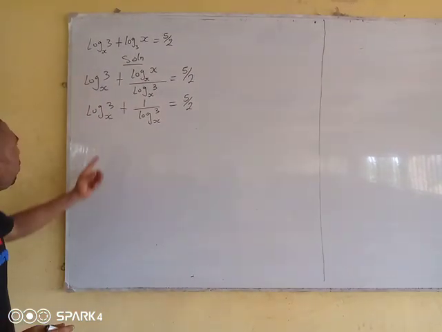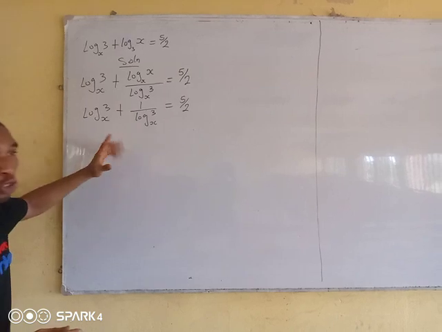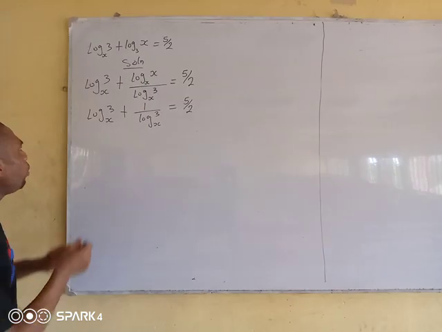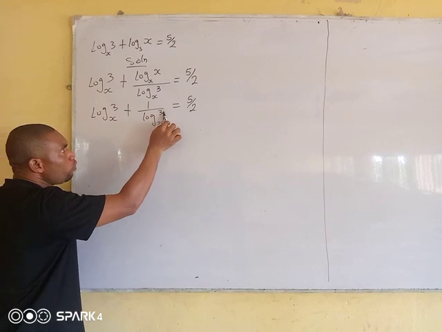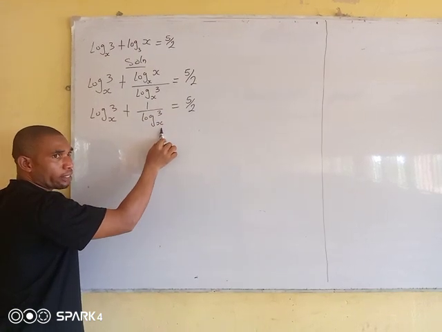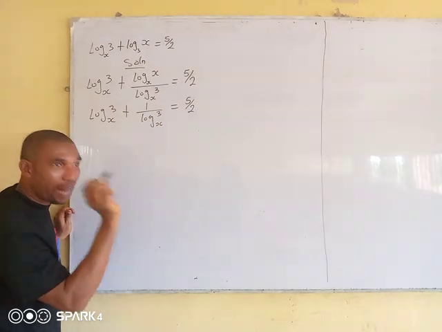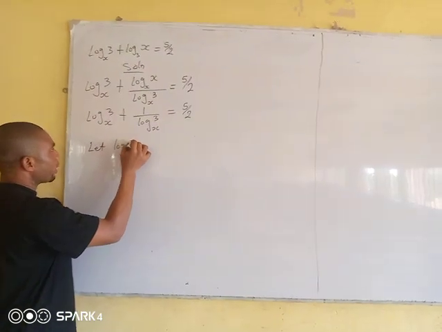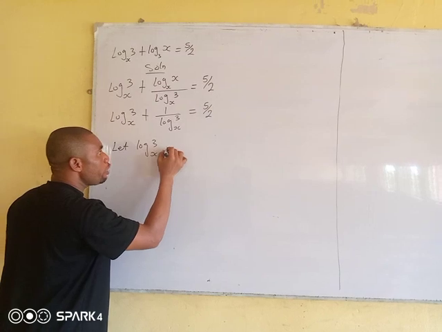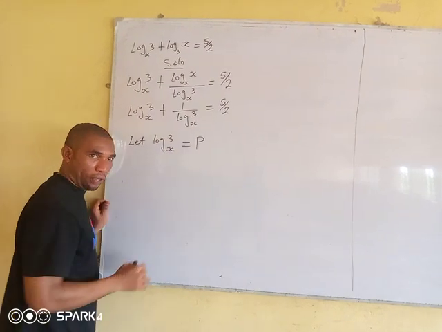Now, for me to make this expression look simple, I have log 3 base x plus, I also have log 3 base x. What I will do is I will say let log 3 base x be equal to p.